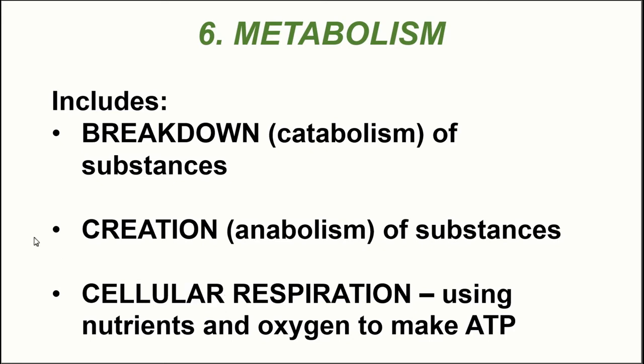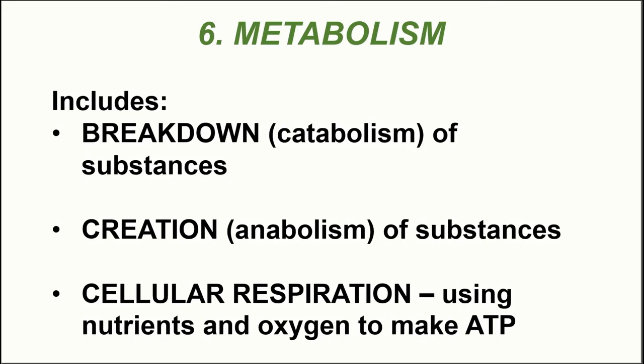And metabolism also includes cellular respiration, which implies that we're using the nutrients that we're gaining from the digestive system and the oxygen that we're getting from our respiratory system in order to make ATP, or that chemical energy currency that's needed to fuel all of our metabolic processes.